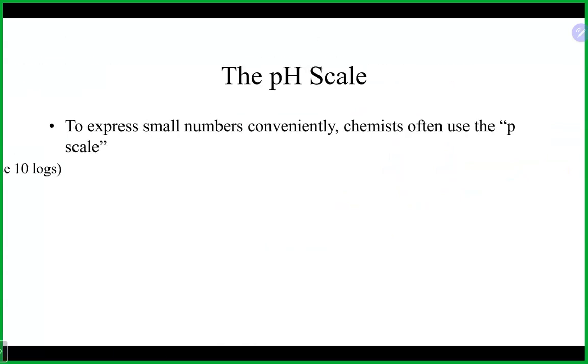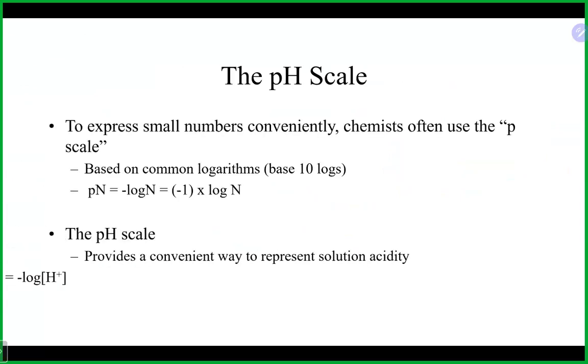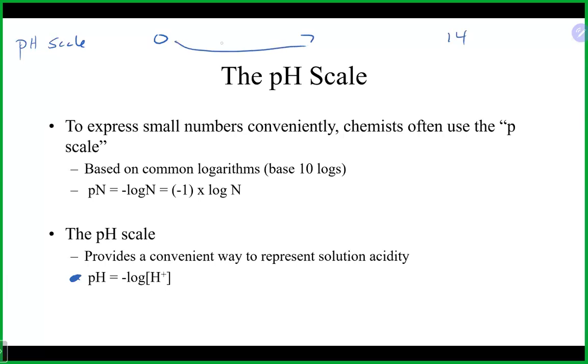All right, we're going to skip this one, I think. Next thing we're going to talk about is actually the pH scale. The pH scale runs from 0 to 7 to 14. And that's just for PowerPoint, no negative there. So our pH scale, 0 to 7 to 14. Less than 7 is acidic.